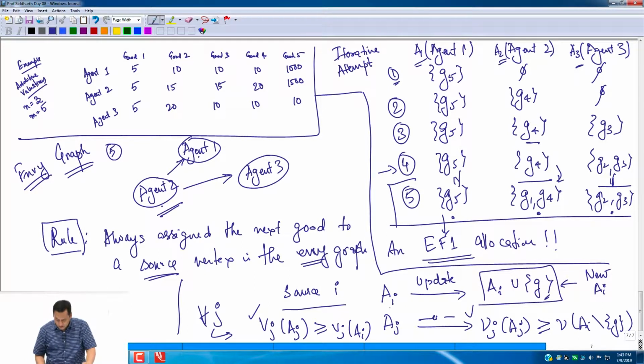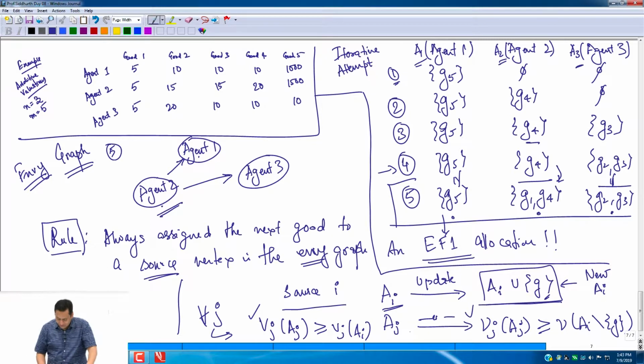That is, we started with A_i, whatever the current set of goods given to i, and then included g in it. So essentially we said, okay, here you go, agent i, this next good g is yours. And the point was that this allocation of good g to agent i maintained the EF1 property, and that's what I want to argue here quickly.